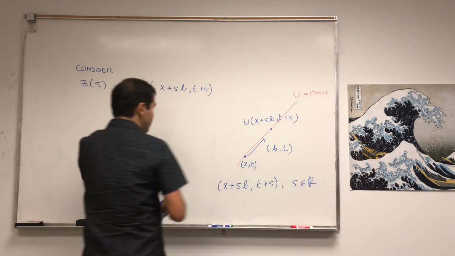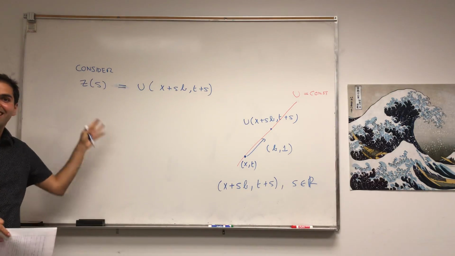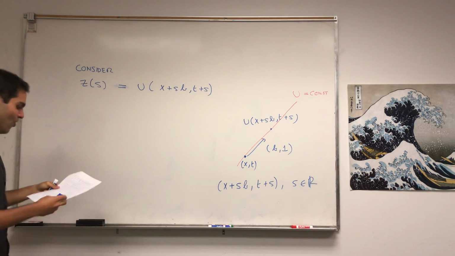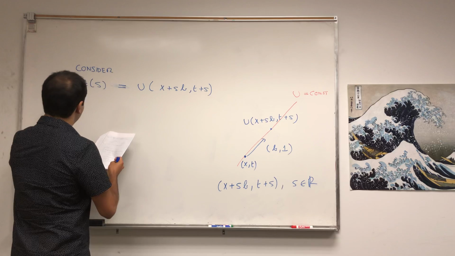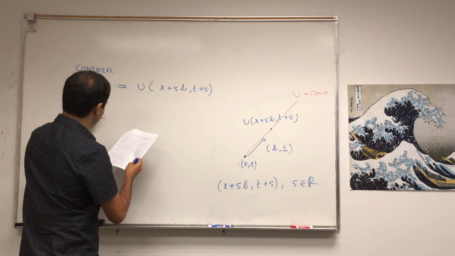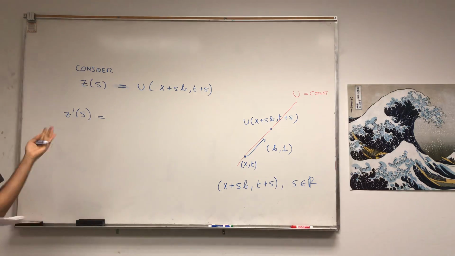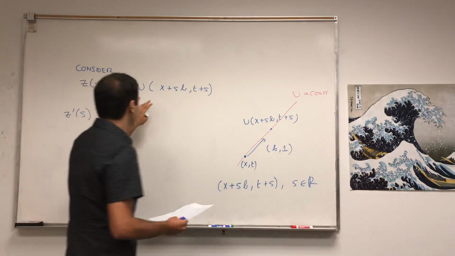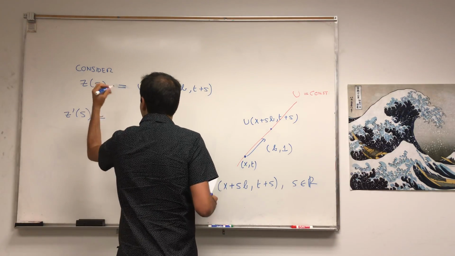Well, ideally, since u is constant on that line, the derivative of z equals 0, so let's show that now. So, z prime of s, let's see. Now, as is usual in PDEs, we want to use a chain rule. So, let's do it step by step.